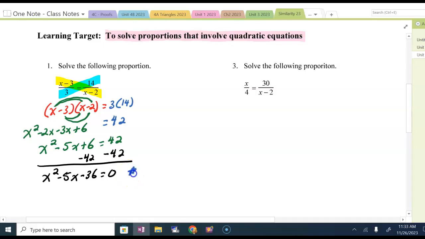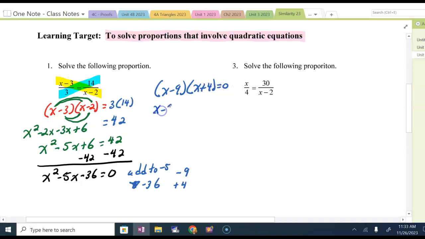So now we need numbers that add to negative 5 and multiply to negative 36. Those two numbers will be negative 9 and a positive 4. So then this will factor into x minus 9 times x plus 4, and that's equal to 0.